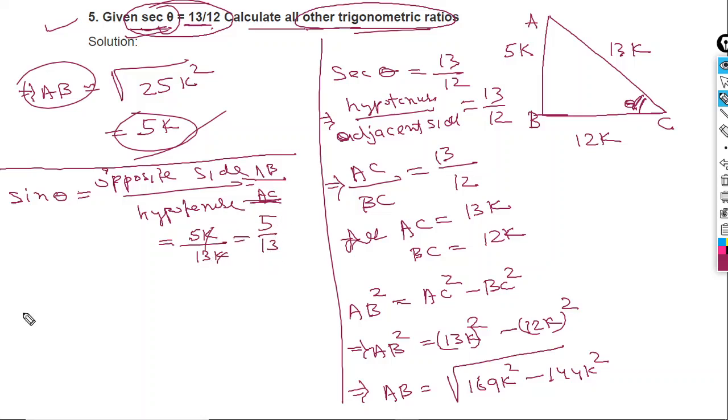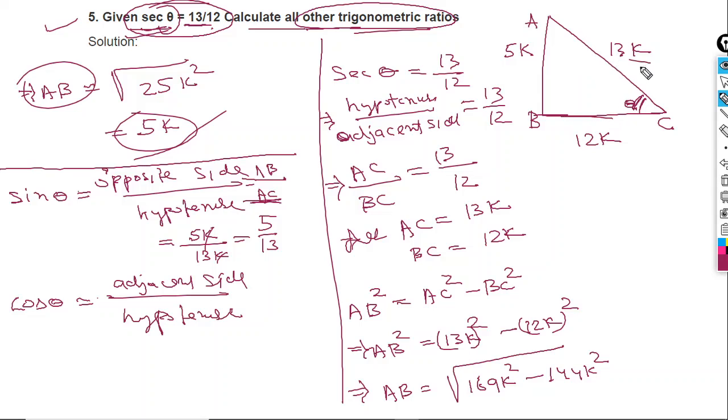Similarly you can find cos theta. The cos theta formula you know, adjacent side divided by hypotenuse. The adjacent side of theta is 12k, hypotenuse is 13k, so 12k by 13k.